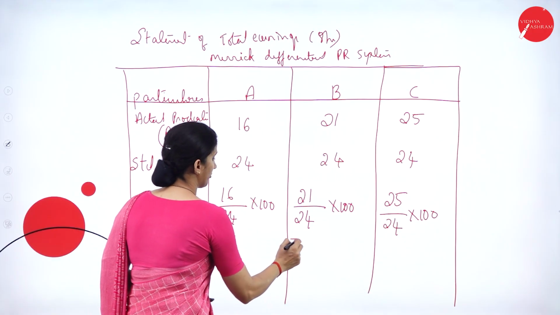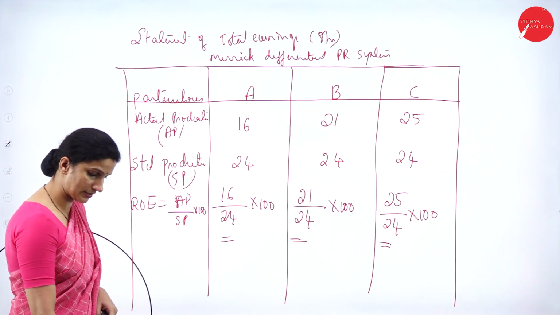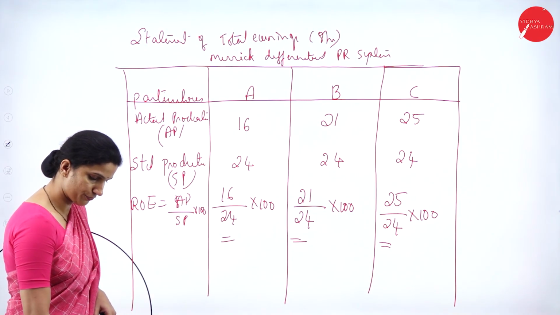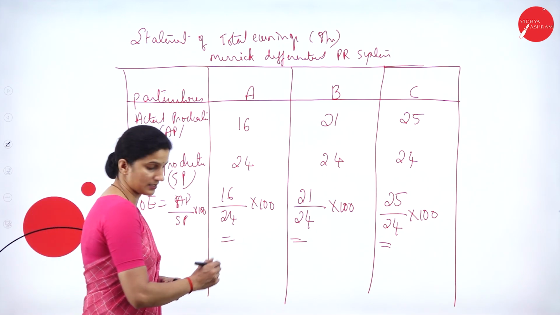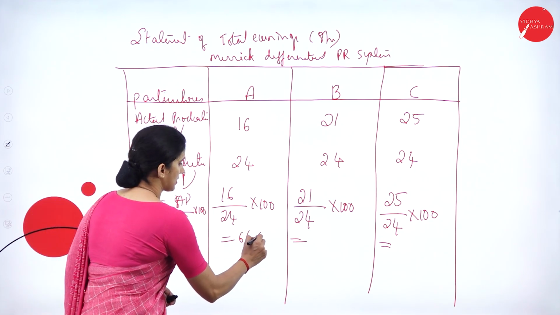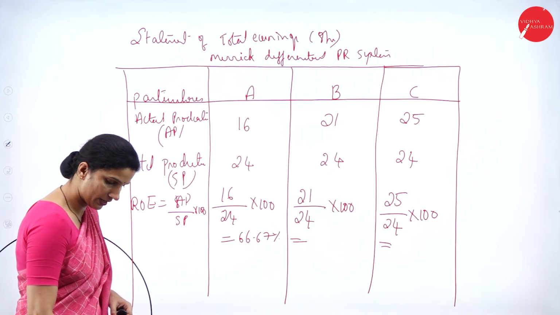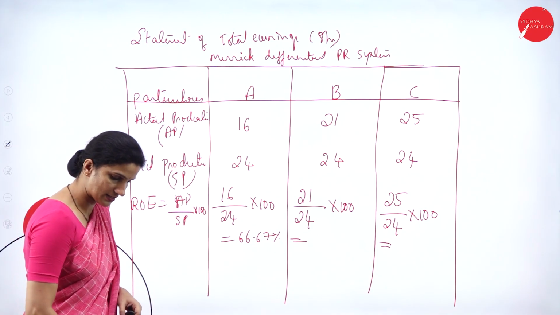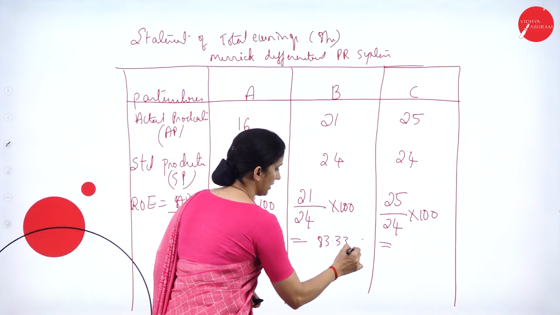So here we will get the rate of efficiency. 16 divided by 24, your rate of efficiency is 66.67%. And for B, it is 21 divided by 24 into 100, his rate of efficiency is 83.33%.